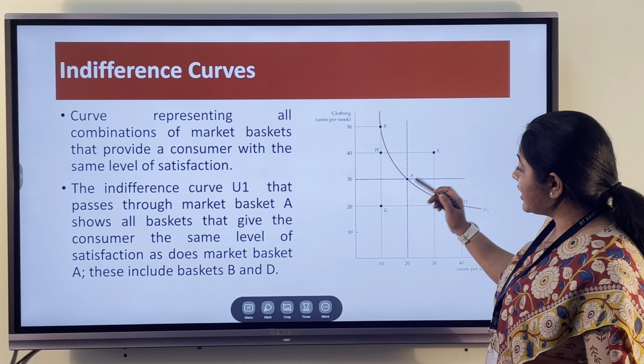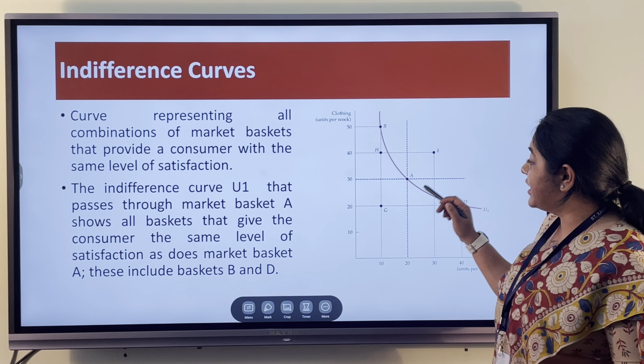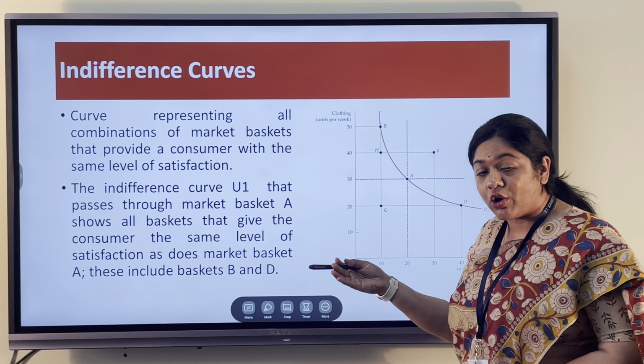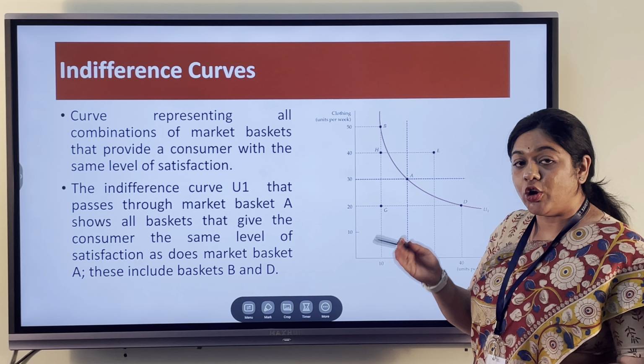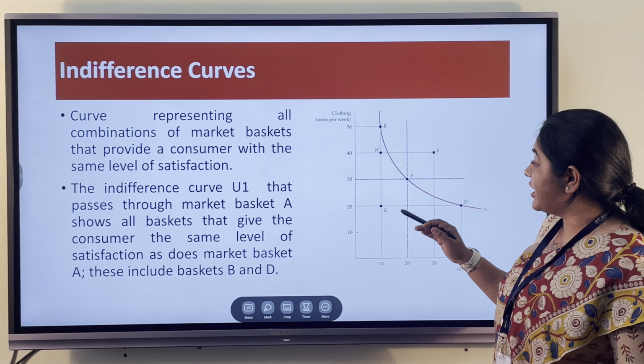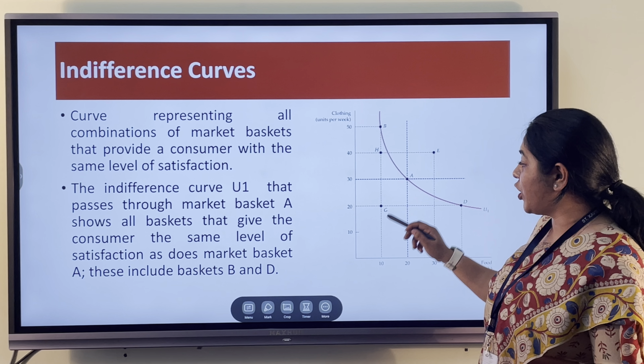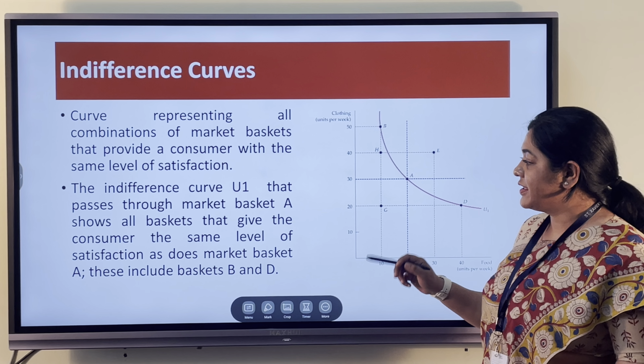Now, the points outside the indifference curve, that is G and E, represent a different level of satisfaction and do not fall on the indifference curve. Point E represents a higher level of satisfaction, and point G represents a lower level of satisfaction.